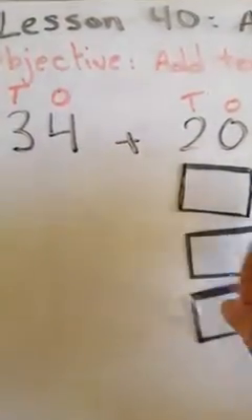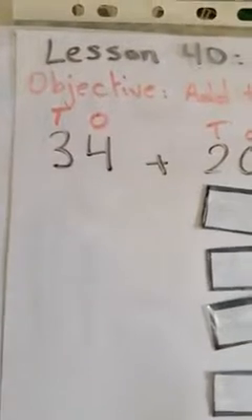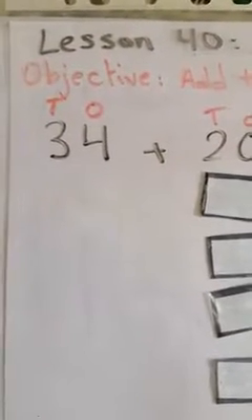Let's start modeling. Start with the ones. How many ones in 34? 4. So I will put 4 squares of ones. And how many tens in 34?